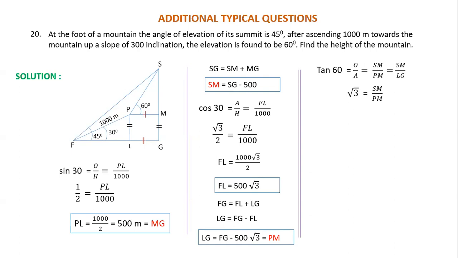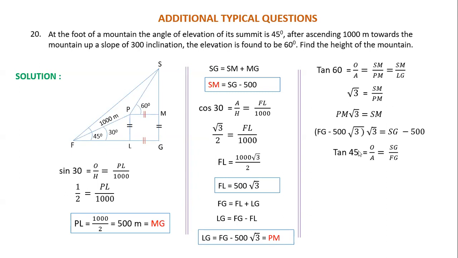So let us write root 3 is equal to SM upon PM. What is PM? PM root 3 is equal to SM, and PM is FG minus 500 root 3. So FG minus 500 root 3, into root 3, is equal to SM, is equal to SG minus 500.